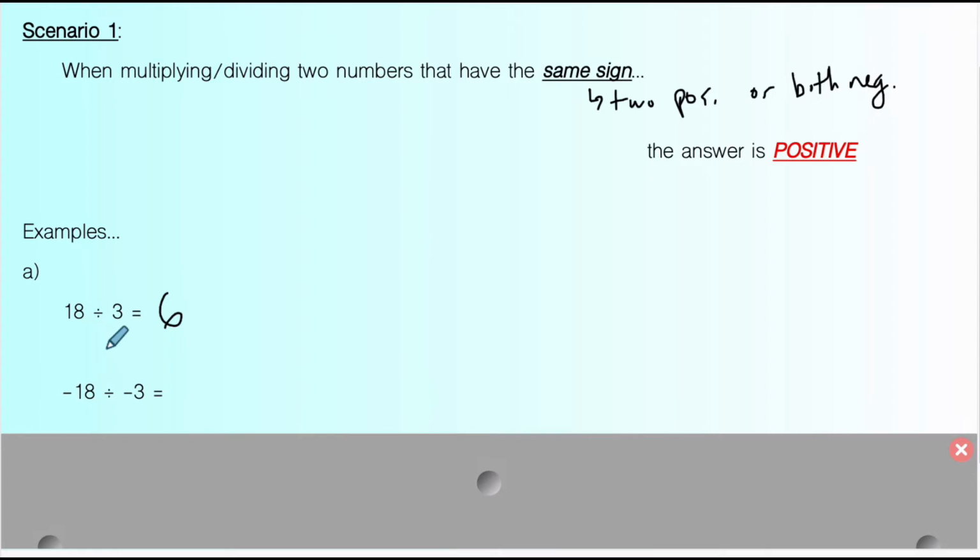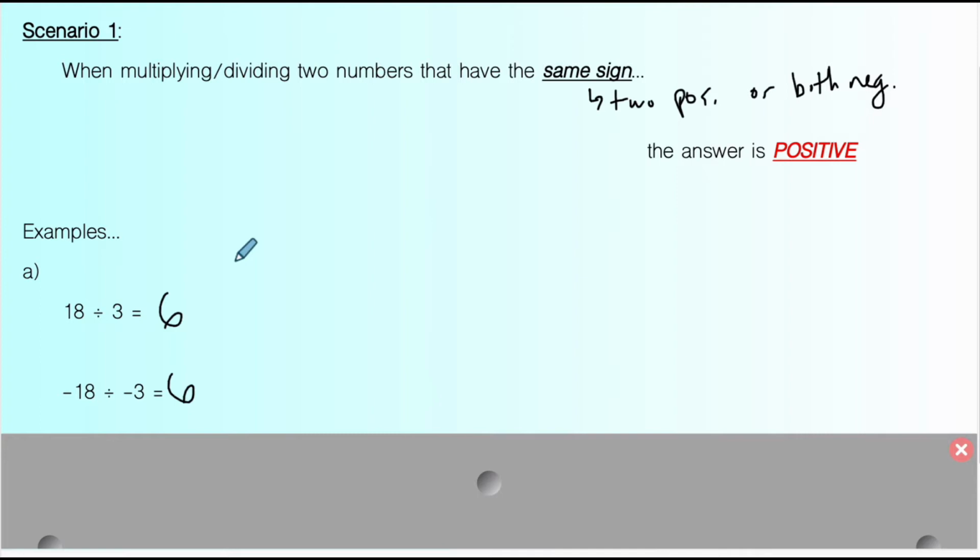Is it positive or negative? That is going to dictate whether you have a positive or a negative outcome. So since both numbers are negative, two negatives, that tells me my answer is going to be positive. And it's still 6. Nothing changes with the numbers. There's no funky, weird thing to do with the numbers. It's just looking at the signs.